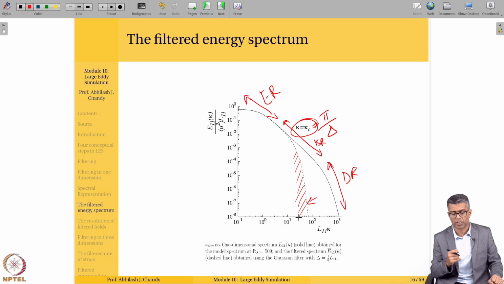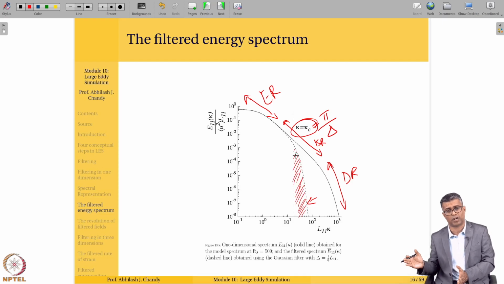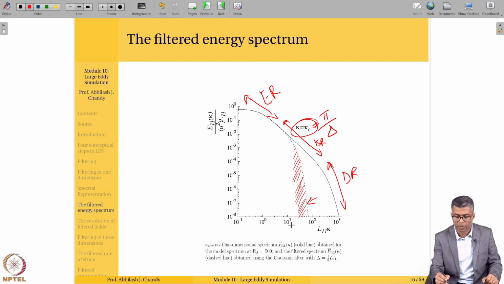You might ask the question, why is it tailing off? It takes a while to actually drop off, right? And in the process, you are ending up getting energy in these ranges. Why are we getting energy there? If it is destroying all the wave numbers after kappa c, why are we getting energy levels even at wave numbers between kappa c and whatever this wave number is?